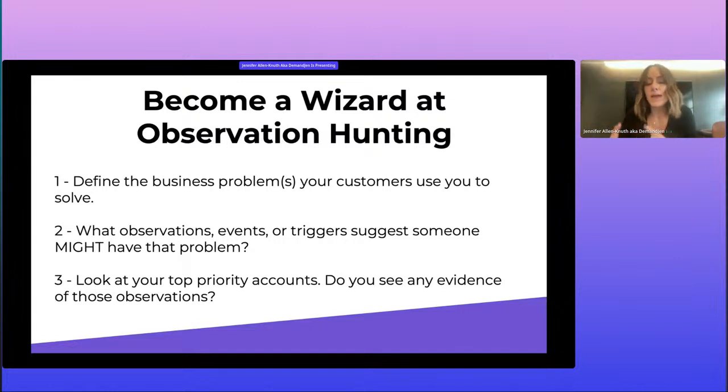But this is where many of us lose a lot of our time and productivity: we're so occupied with convincing people that they have a problem, we often leave really good fit opportunities out there who have evidence that they have a problem. Observation hunting takes more time than just pushing a button, plain and simple. But we can only push a button so much and be happy with 0.1% reply rates before we realize there's no amount of volume that's going to solve for that.